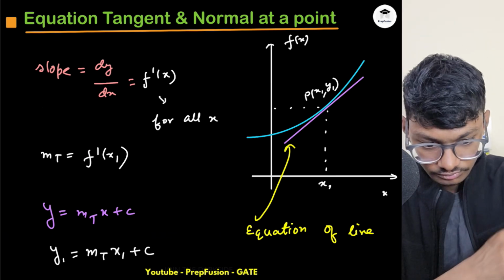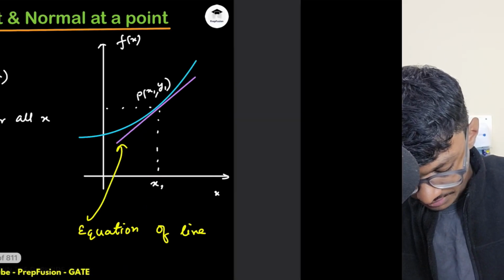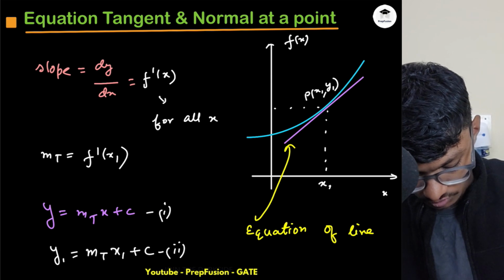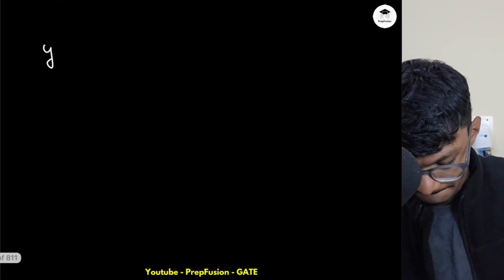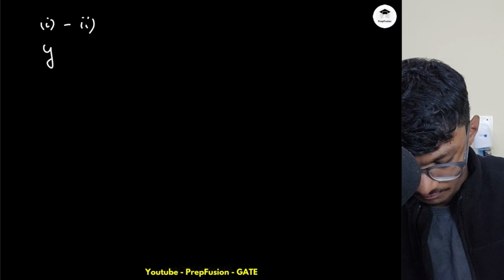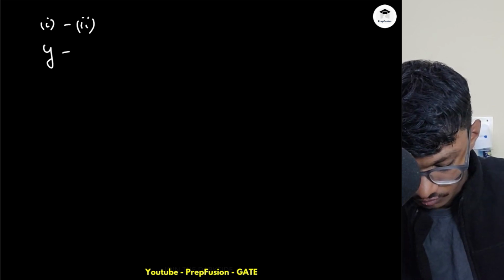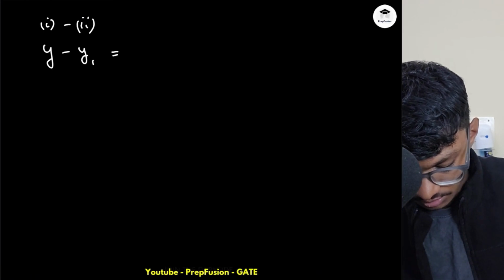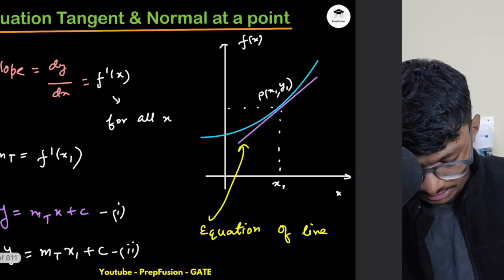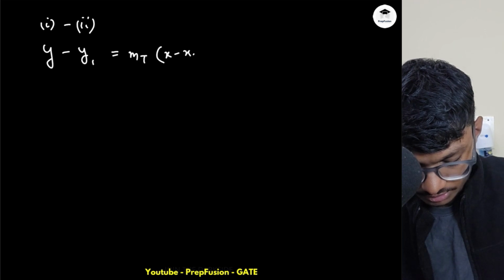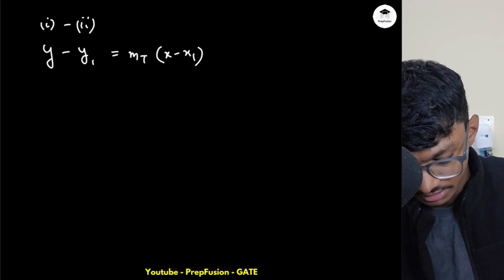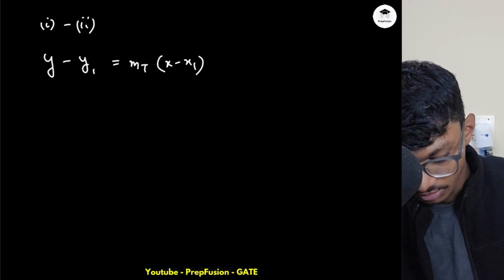What will be my answer? If I subtract 1 and 2, let's name this as 1 and this as 2. Subtracting 1 and 2, y minus y1 equals, I can take mt as common, mt into x minus x1. So this is my relation, right? Now what is my equation?